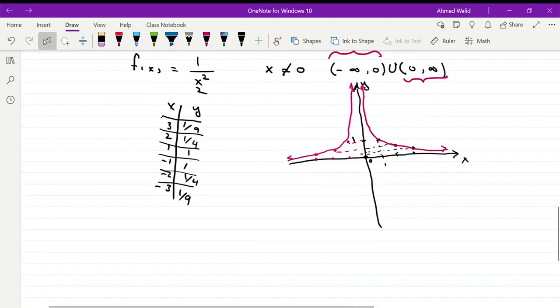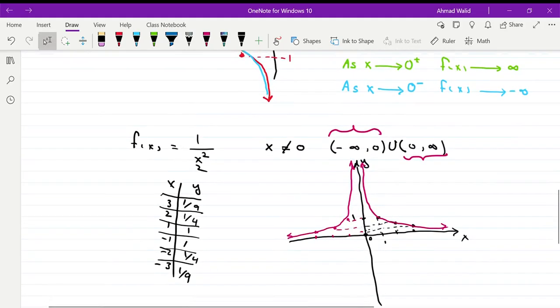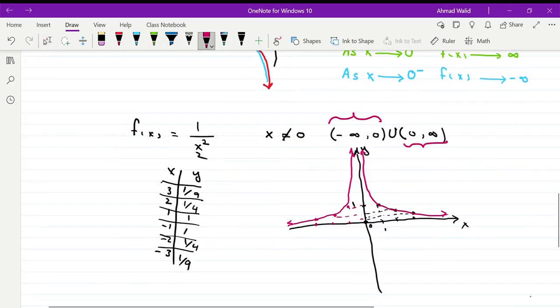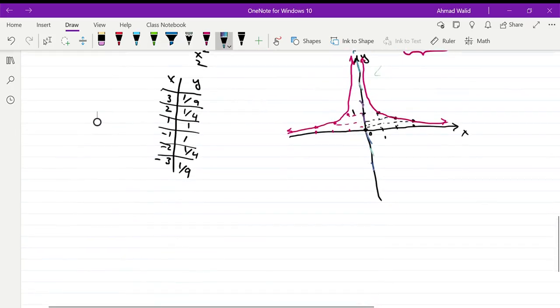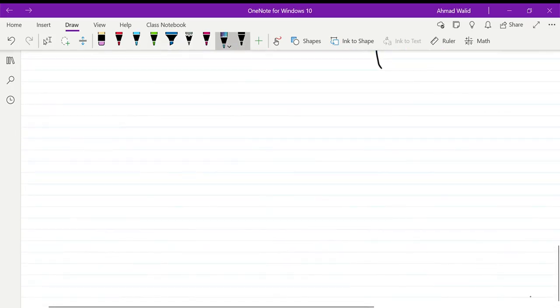Now, in both graphs, you see that the graph is coming close to the y-axis, but it never touches the y-axis. We call the y-axis a vertical asymptote. Now, let me introduce to you what a vertical asymptote is.